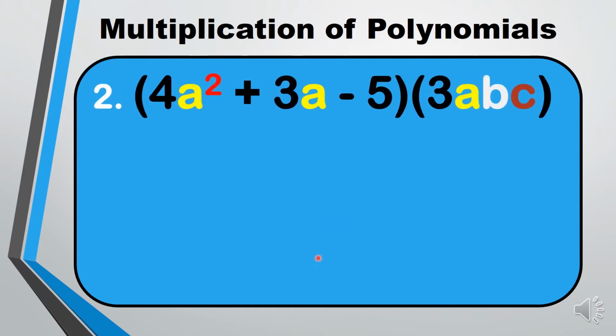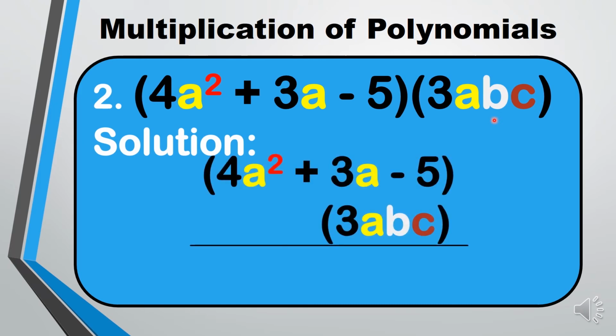4a squared plus 3a minus 5 multiplied to 3abc. Kagaya ng ginawa natin sa naunang example, binigyan ko din ng mga designated colors ang ating mga variables. Muli, i-rewrite natin ang mga given at sumunod tayo sa vertical process ng multiplication.